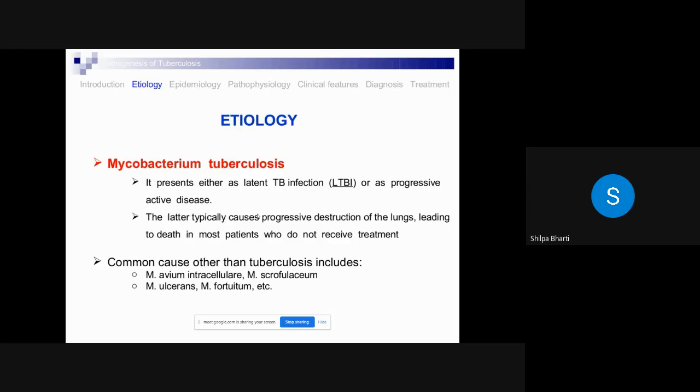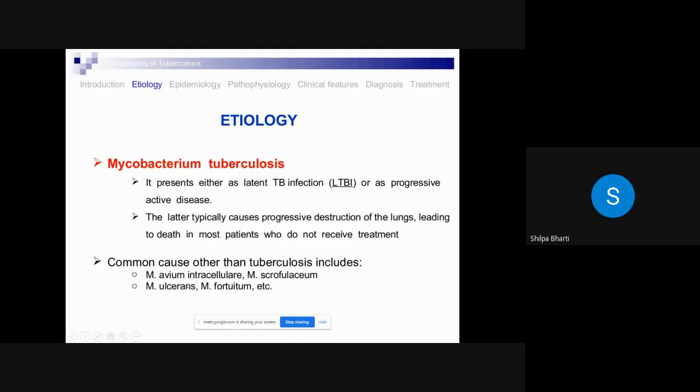So other than the tuberculosis, there are other species of this mycobacterium. As I have told you, it is a group of bacteria. Then there are other species which can cause the TB or this disease, that is the inflammation of the lungs and the other parts of the body, but they are not that common as tuberculosis. जो mycobacterium tuberculosis है, that is the main causative agent of this lung disease.